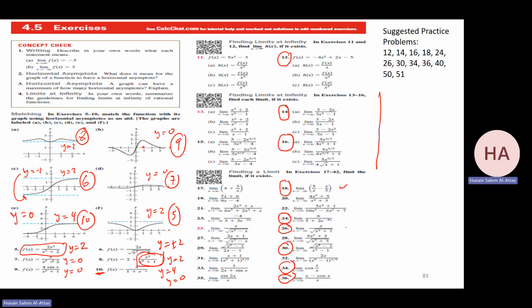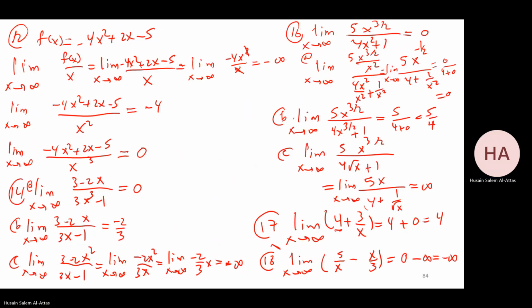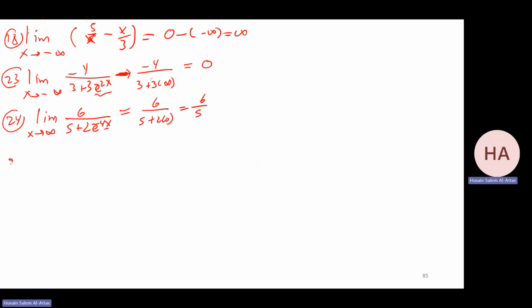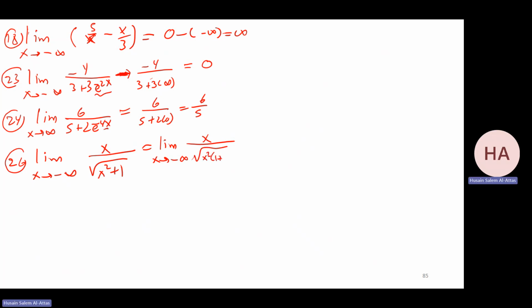Now I'll do something like this. Different functions. 26. Limit x goes to minus infinity of x over square root of x squared plus 1. We'll do this trick, taking the common factor. In the denominator, I'll take x squared: 1 plus 1 over x squared.